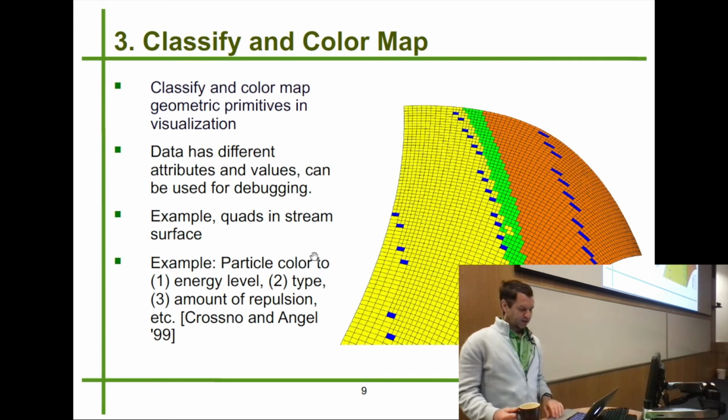So this is an example. Here's another mesh, right? This is a mesh. We don't really know what it is. It doesn't really matter, and it happens to be a stream surface, but that's not important. The mesh is composed of quads, four-sided polygons. And as a visual debugging strategy, we've color-coded those quads based on different properties.